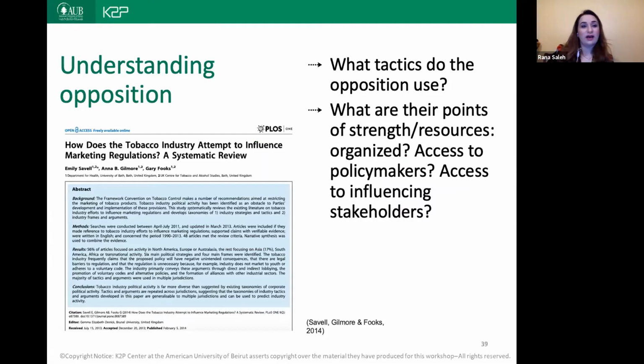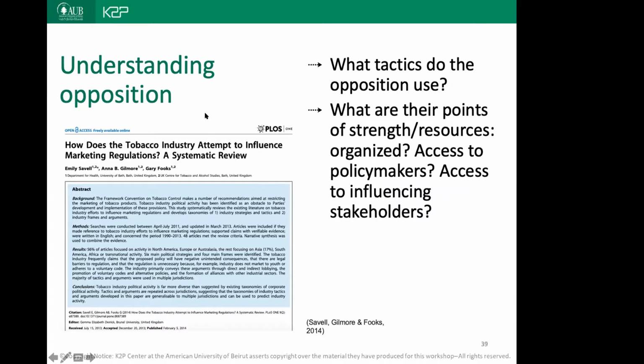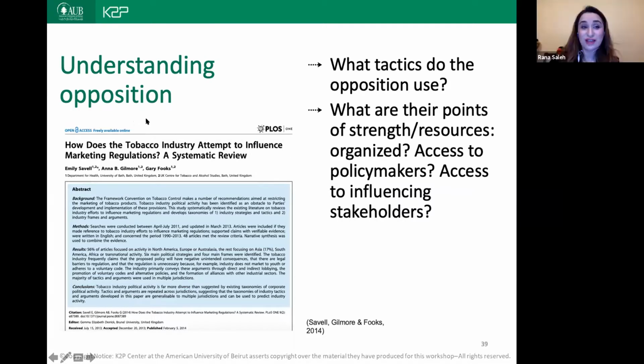So ideally, after you have identified your targets and you have identified your opposition, now it's very important to understand this opposition, to understand what they have done before, and to understand what tactics and framings they have used before. You could simply check the media.